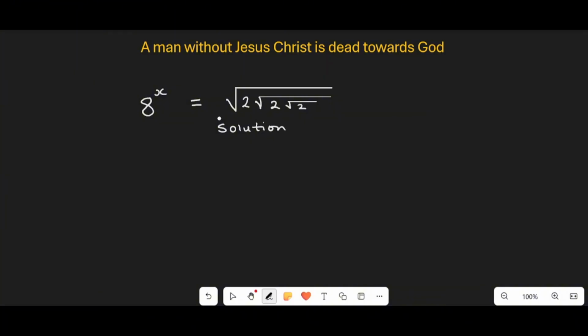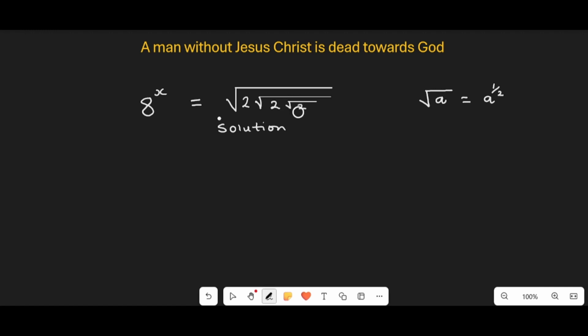But I want you to note that if we have square root of a, it is equal to a raised to power 1 over 2.